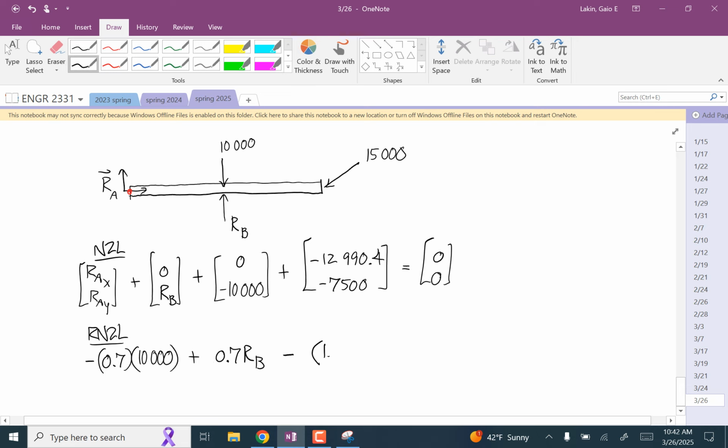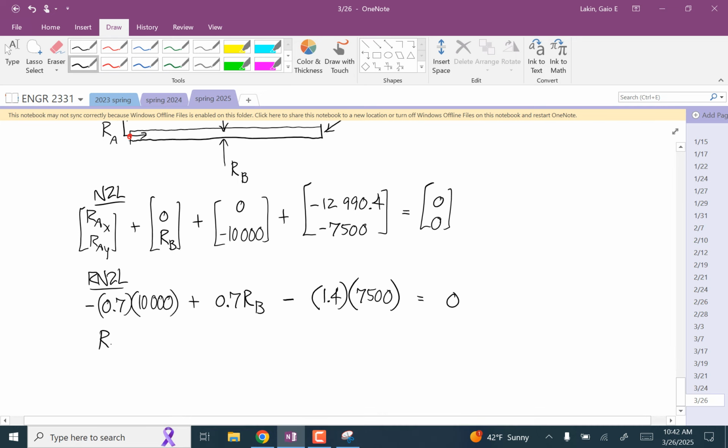The moment arm is 1.4. The magnitude is 7,500. And this is equal to 0. So RB is, I get 25,000.